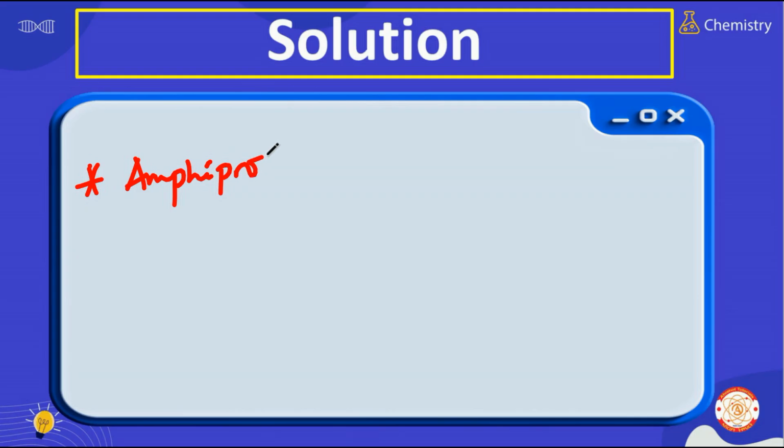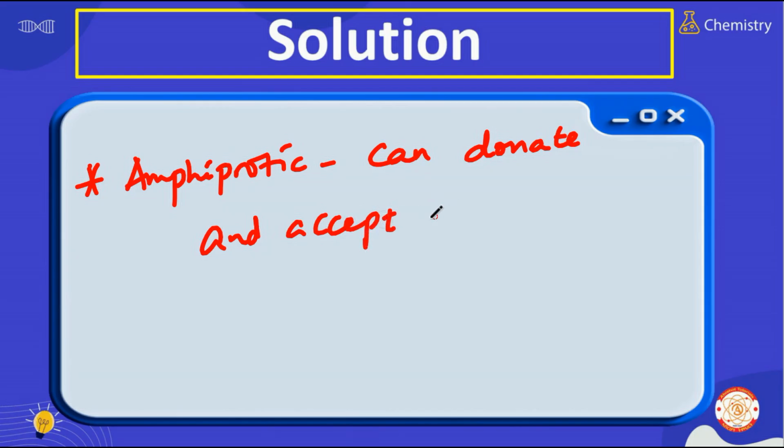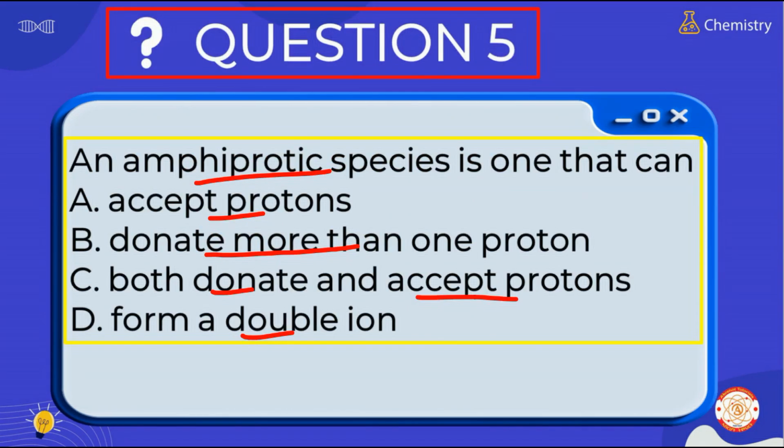Amphiprotic is a substance that can donate and accept a proton, right? So the answer for this question is C. An amphiprotic species is one that can both donate and accept protons.